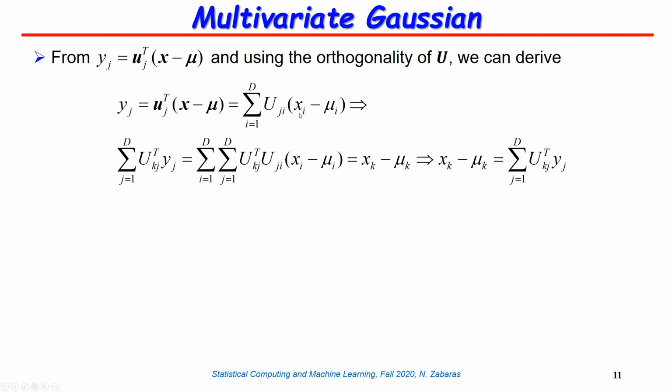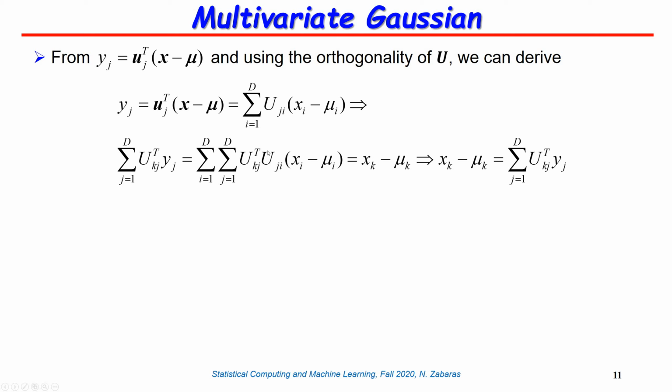Now, to extract x in terms of y, I am going to use the orthogonality of U, so that U transpose U is equal to the identity. I multiply with U transpose, and I sum over j.